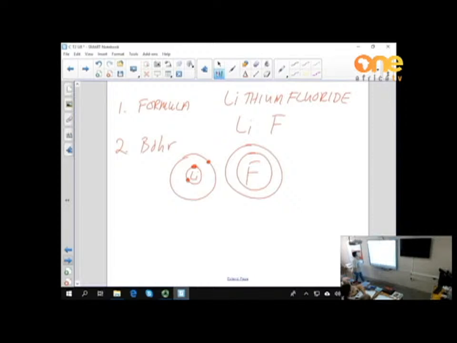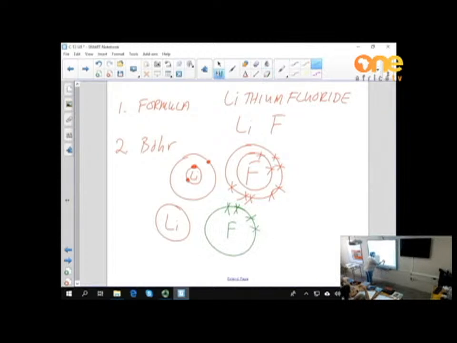Fluorine has 9 electrons: 1, 2, 3, 4, 5, 6, 7, 8, 9. Now in the third step, to show the ionic bonding, we only work with the outer shell electrons. And fluorine, let me do it in a different color so we can see: 1, 2, 3, 4, 5, 6, 7.